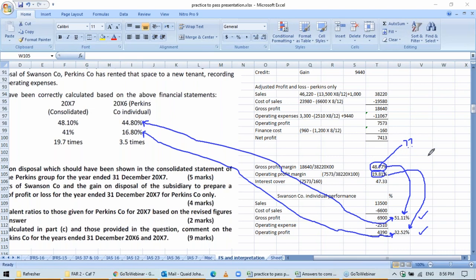When the parent company acquires subsidiary companies, the subsidiaries start using facilities of the parent company at either low cost or no cost. I'll be giving you some points in writing tomorrow also, so that you will come to know how we will write that. But right now I'm just giving the briefings regarding the interpretation.